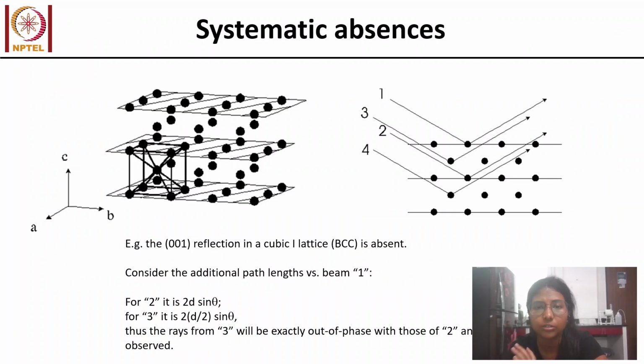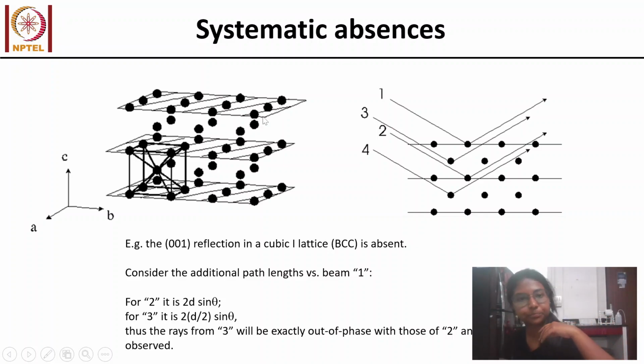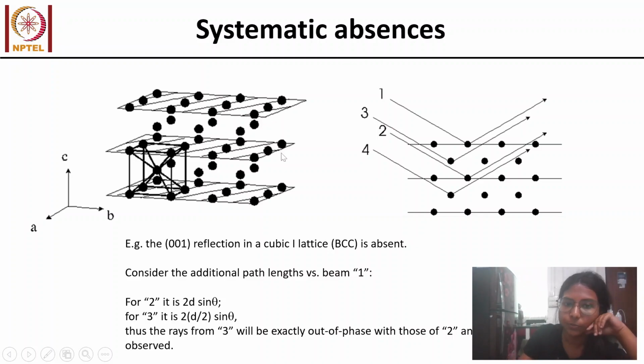So let us try to understand the systematic absences from Bragg's law. What is Bragg's law? Suppose this is one set of planes, marked like this, and let us assume they follow Bragg's law.